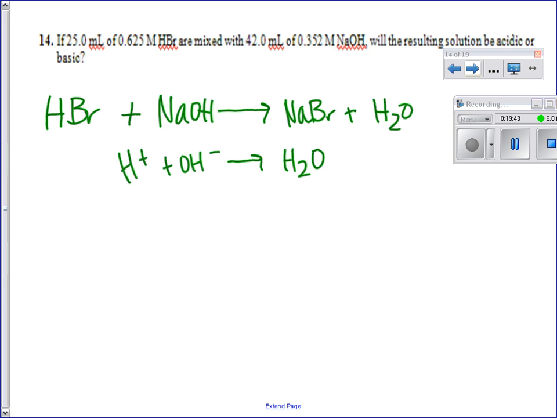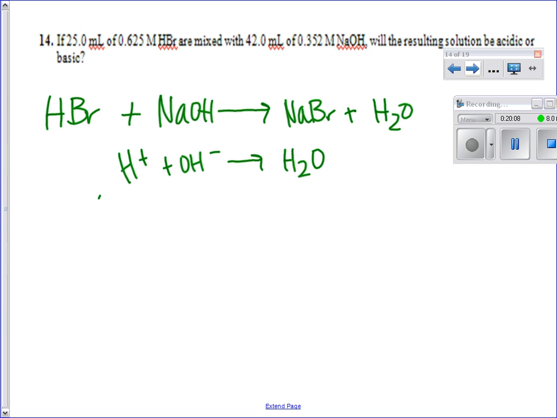Yes, Philip. Very, very nice. Very well said. Find the limiting reagent. All the limiting reagent is going to be used up, right? So whatever's then in excess is going to be floating around in the solution, and that's going to contribute to the pH of the solution. So let's go ahead and do that.